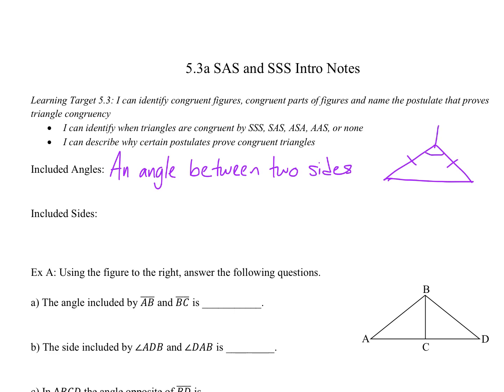So this is our included angle. And the sides don't necessarily have to be congruent to each other. That's just an easy way to identify. Just an example there.